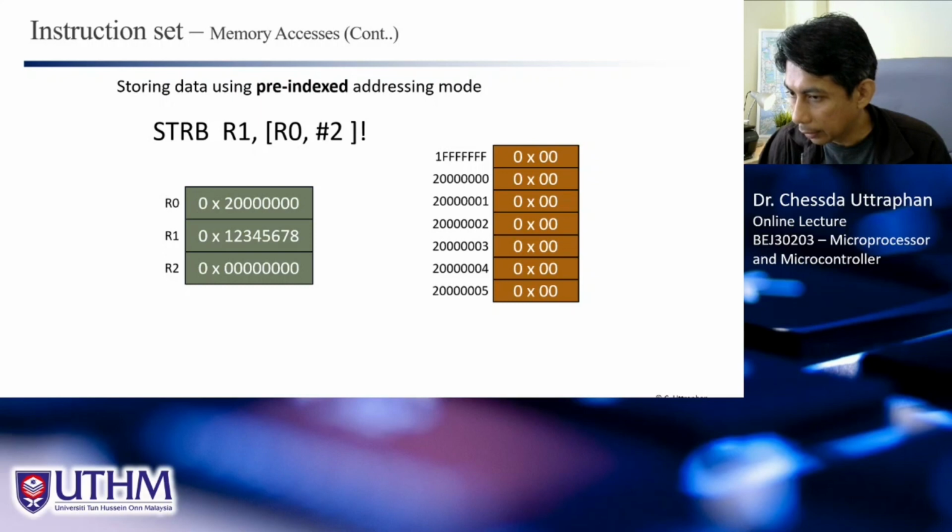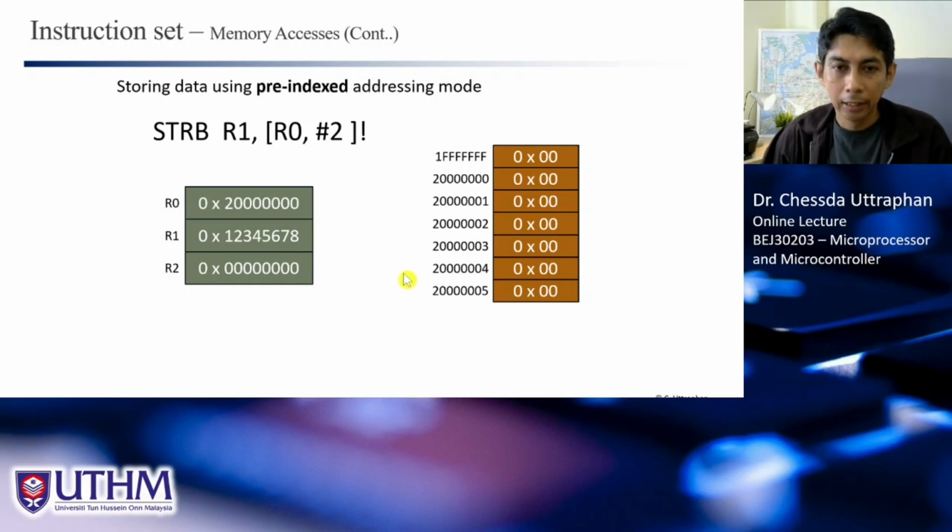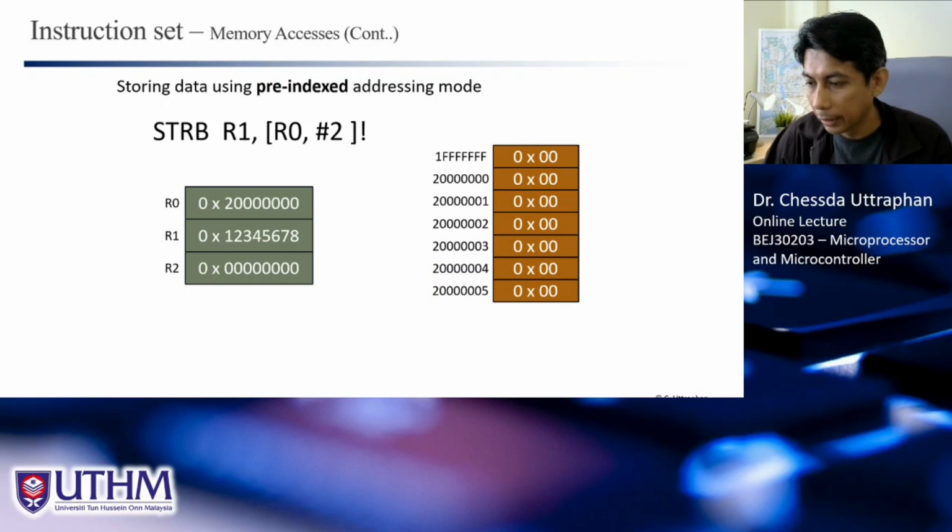Maybe we can do this together, to write a simple program and see what happens when we simulate the program using this software. The software is Keil uVision 5. Try to launch the software.